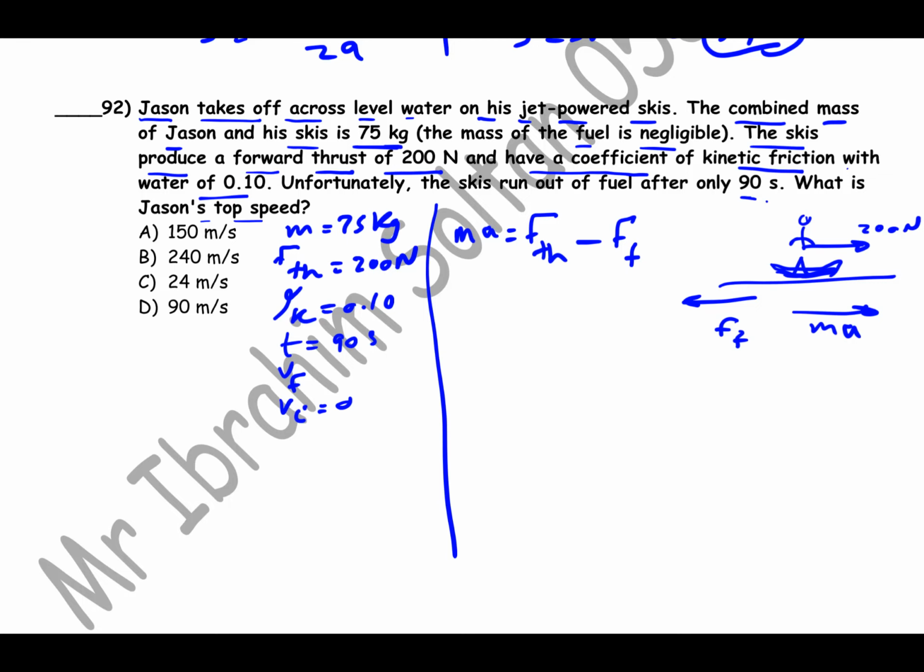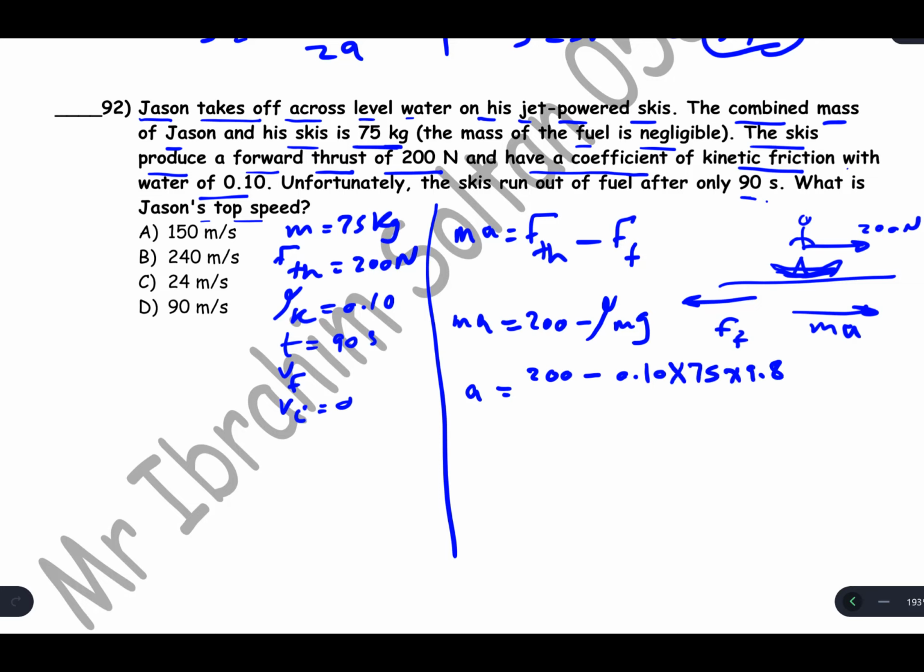So MA equals 200, the thrust force, minus mu mg, right, guys? So A equals 200 minus mu, which is 0.10, times 75 times 9.8, over 75, the mass. So A equals, let's use the calculator, 1.68 meters per second squared.